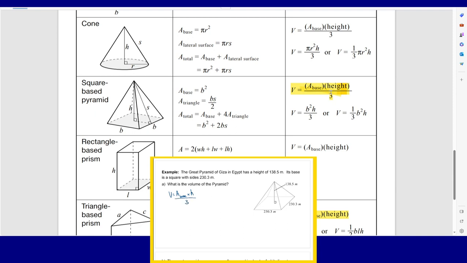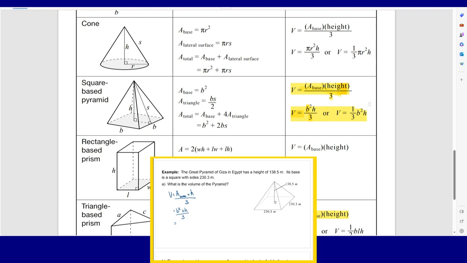Now, I can figure out what the area of the base is, and this formula actually breaks it down further. We can see here, in this next line, I could say, well, because my base is a square, it is just going to be a side length, where they say b squared times h divided by 3.